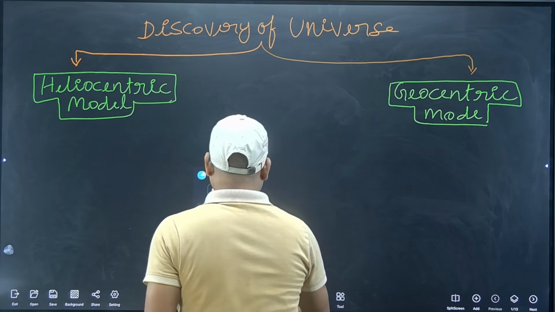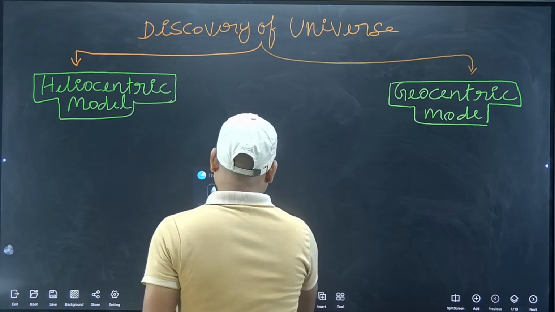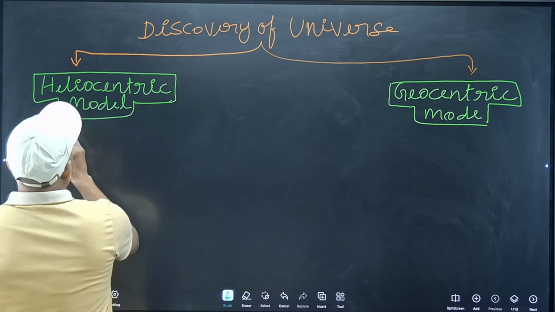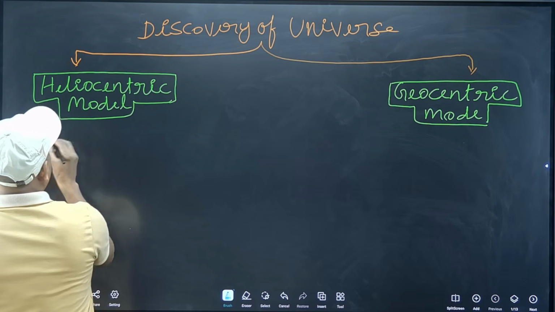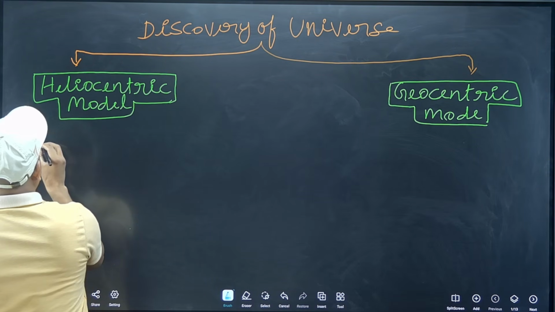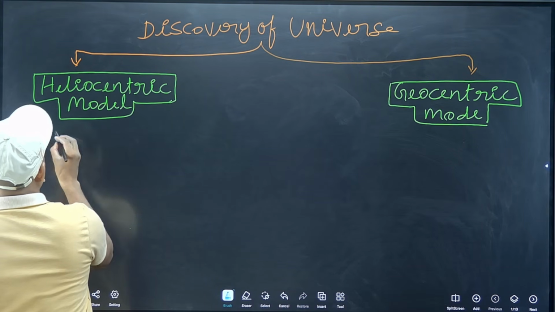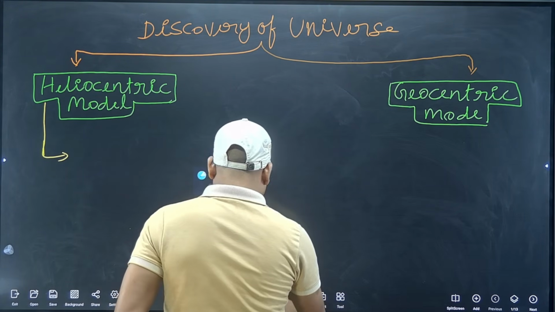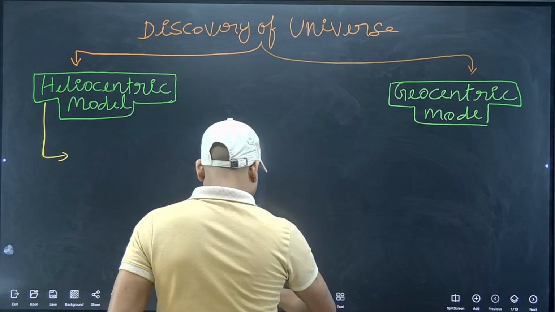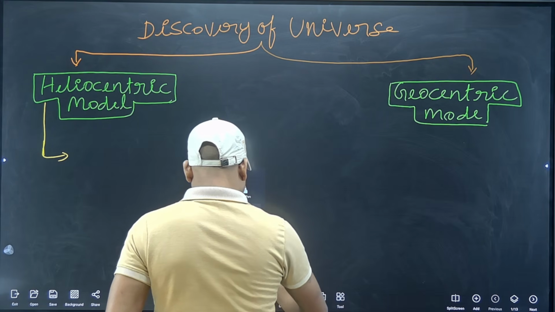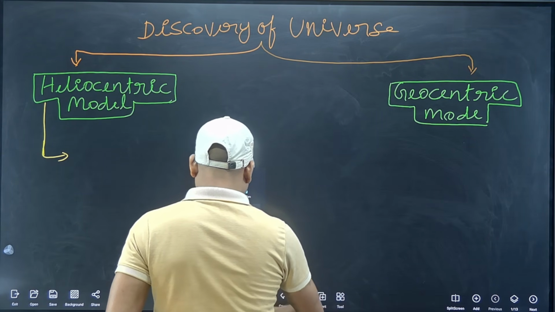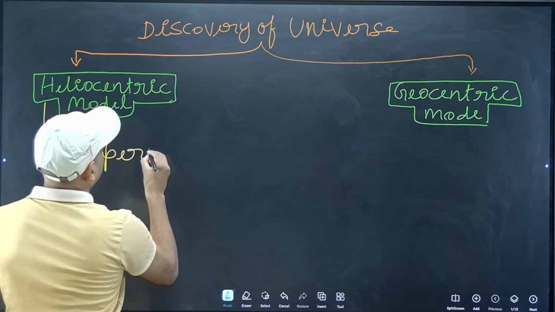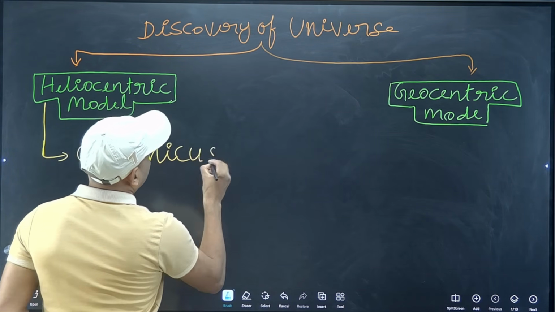Copernicus was the first person who supported and extended this model. His full name was Nicholas Copernicus.